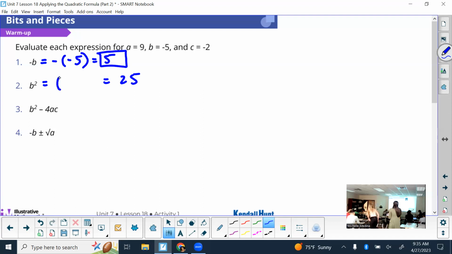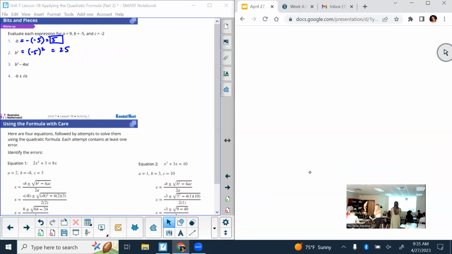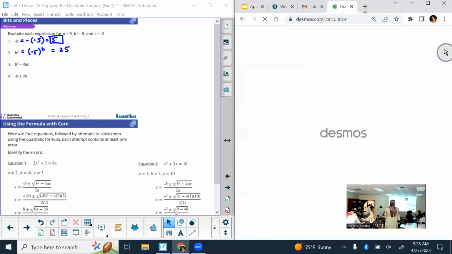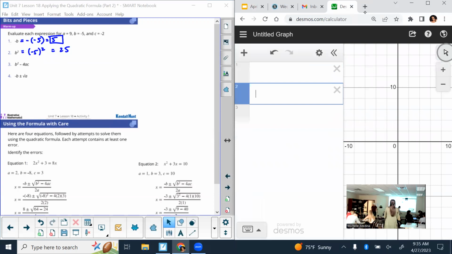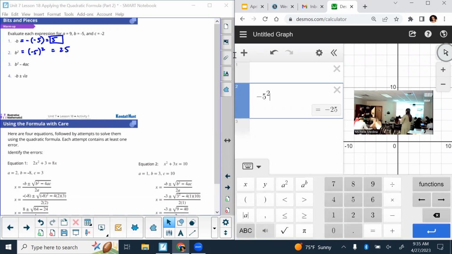So if you use your calculator and it said -25, that is because you did not put the parentheses. So don't forget those. It does change your answer because the calculator can only read what you put into it. So if you don't put the parentheses, like I'm showing you now, -5 squared, it reads it as exponents first and then times the -1.